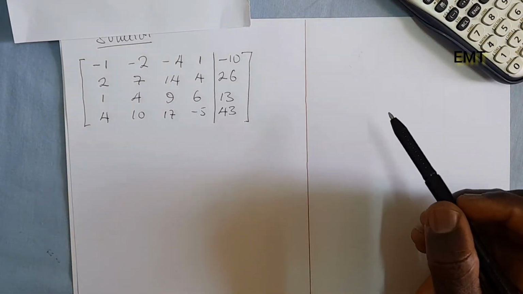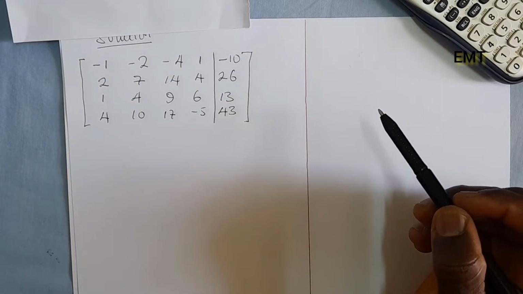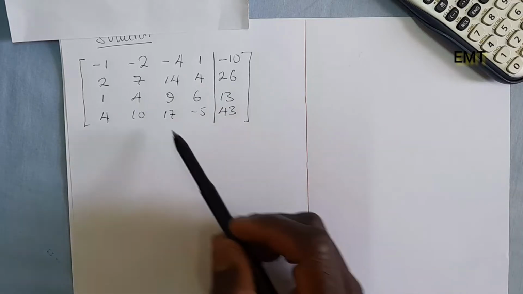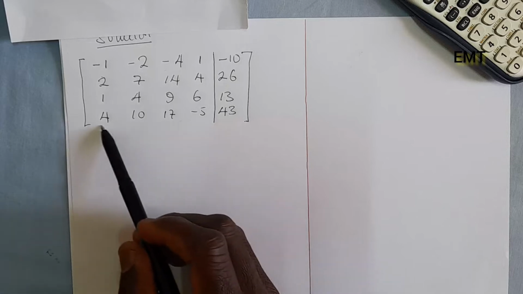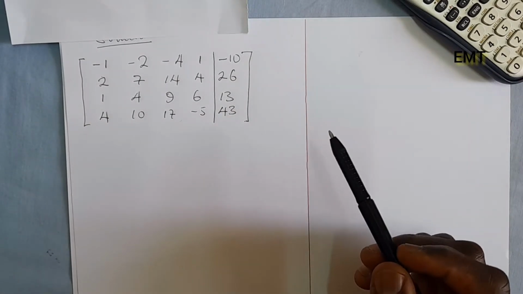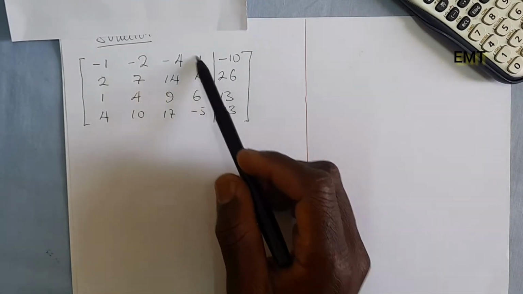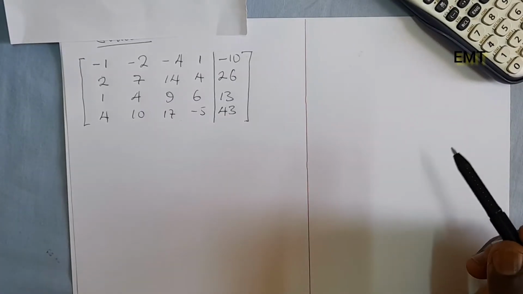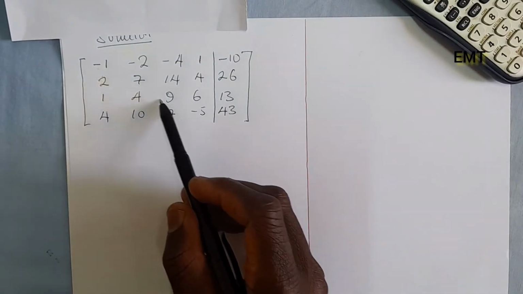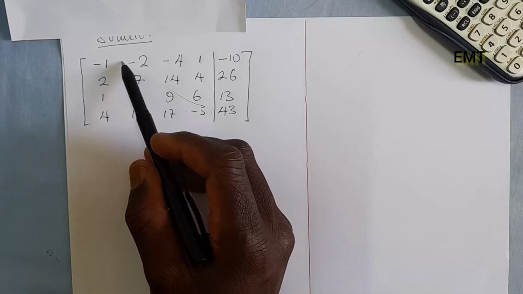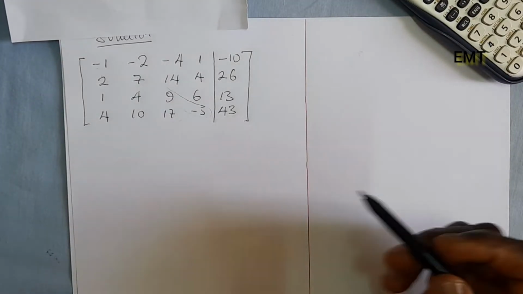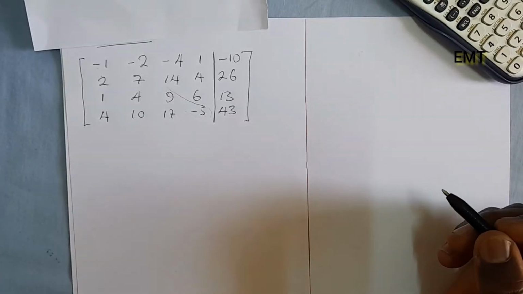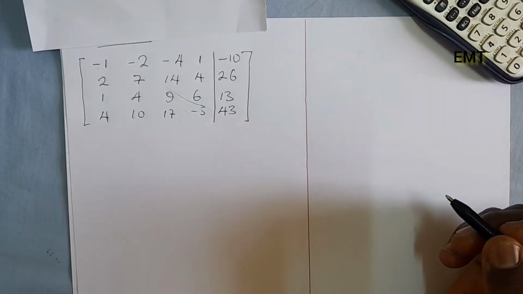Remember, the aim of this method is to make the elements below the diagonal into zeros and those above it also into zero. The diagonal is this, from this point up to this. That is our concentration. So to do that, we have to carry out row operations.